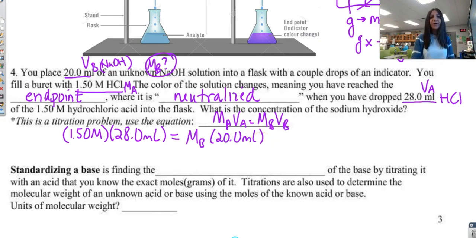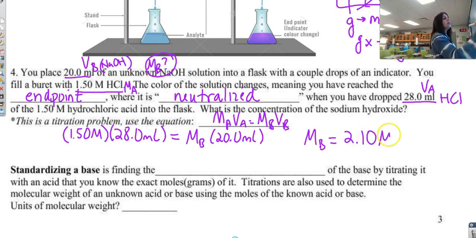Remember easy algebra? We simply multiply 1.50 times 28 and divide by 20. When we plug this into our calculator, we get that the molarity of the base is equal to 2.1. I'm going to add one more sig fig, 2.10 molar NaOH.